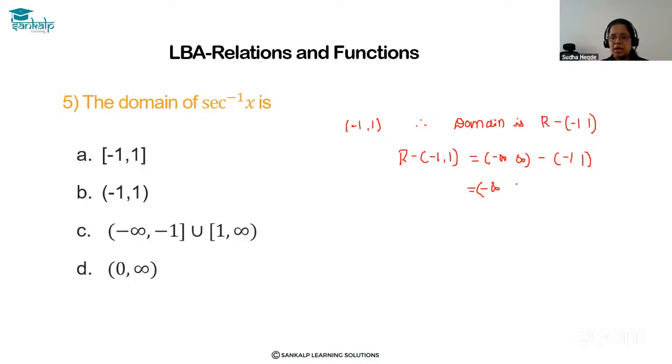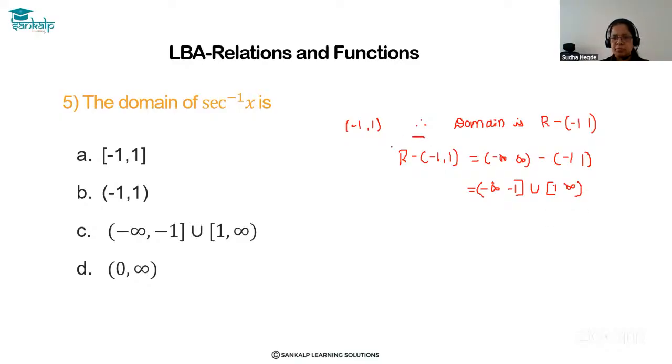We don't require -1 also. So -1 closed interval. Union 1 to infinity, with the infinity side open interval.